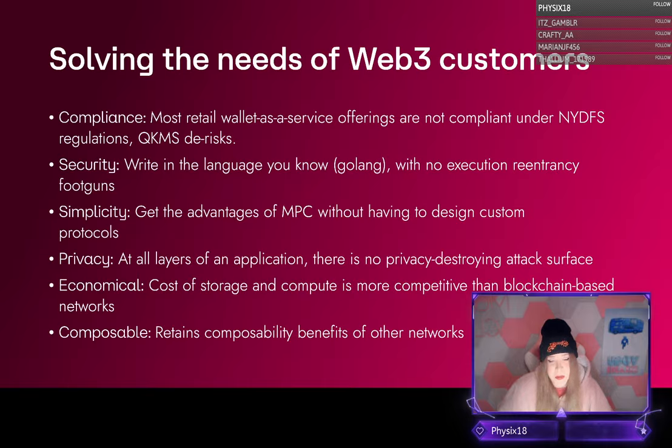You get the advantages of multi-party computation and input privacy for users without actually having to design custom protocols, because the compiler effectively turns it into that custom protocol for you. In addition, of course, there's also the economic benefits and composability benefits of doing decentralized services. And then finally, the big thing for us is that we have privacy at every single layer in which an application interfaces with the network.